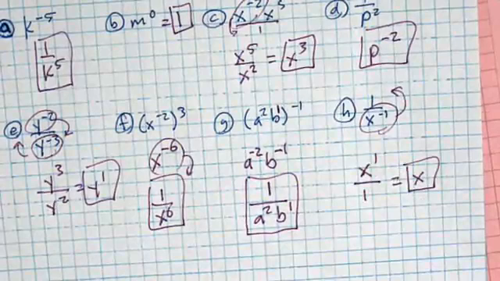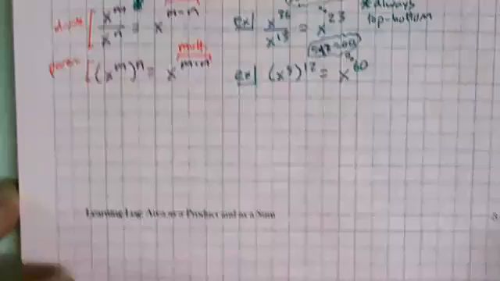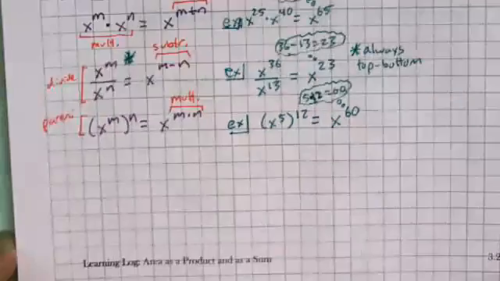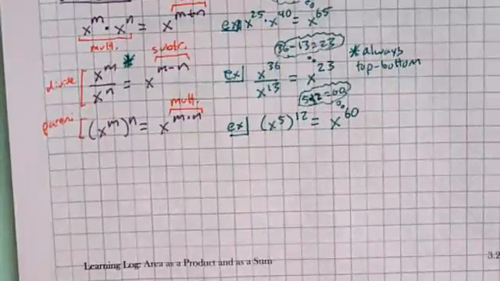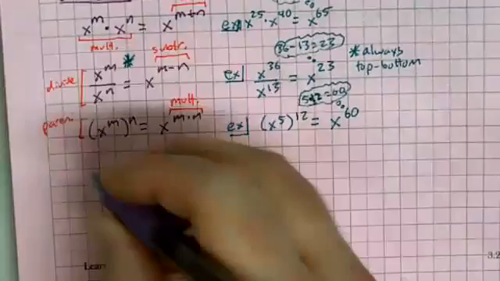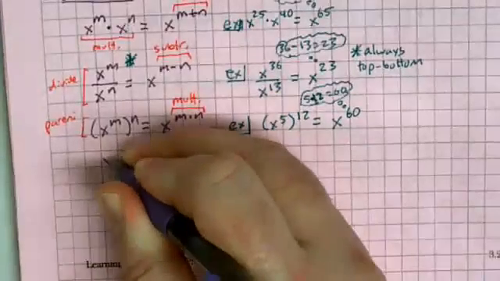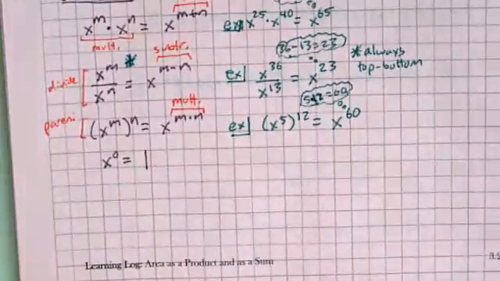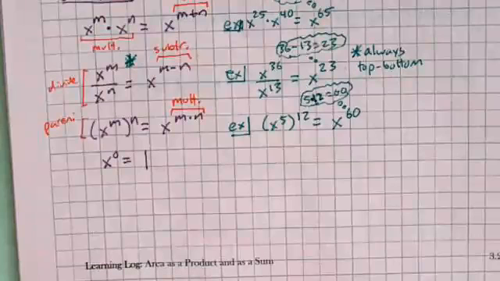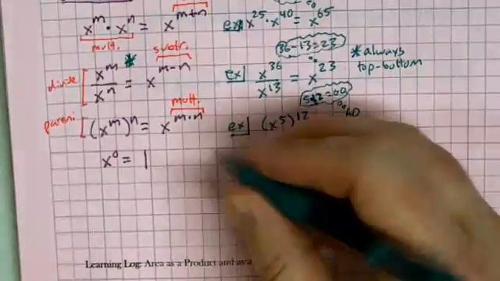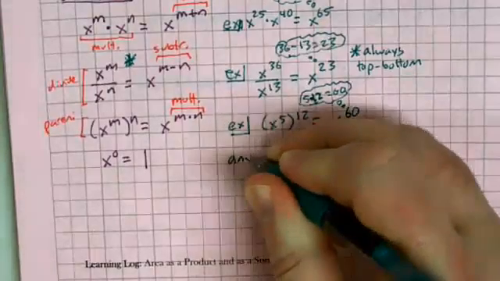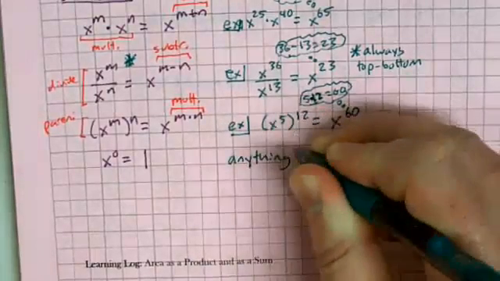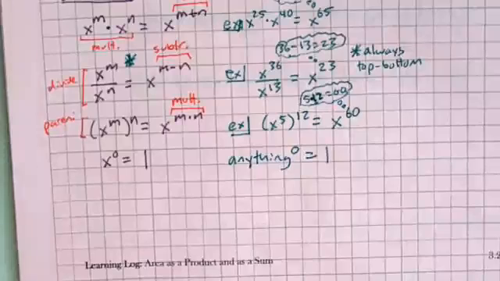All right, we're probably going to want to write some more notes in our packet about exponents. So let's go back to our exponents here, and let's do the 0 one first. What is x to the 0 equal to? x to the 0 equals 1. And for my example, I'm going to write: anything to the 0 equals 1.